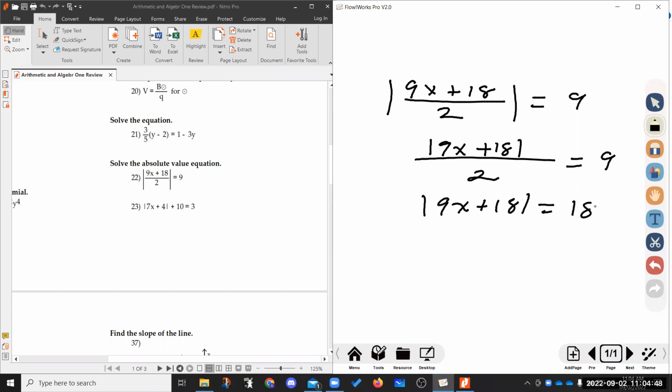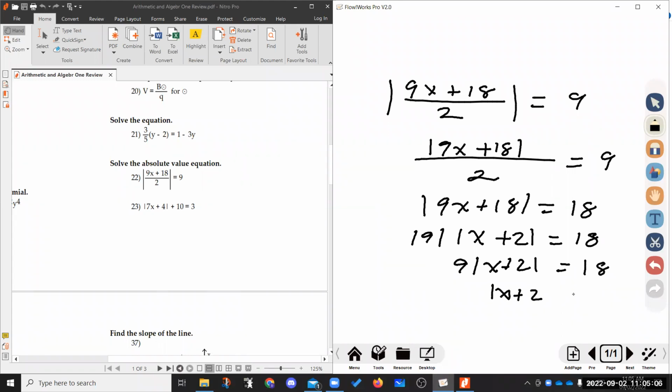It's going to be equal to 18. I'm going to factor a 9 out of this. The absolute value of 9 times the absolute value of x plus 2 is equal to 18. I know the absolute value of 9 is 9. So the absolute value of x plus 2 is equal to 2.